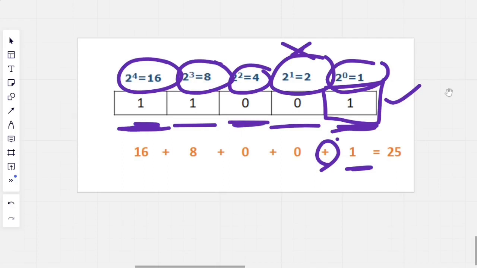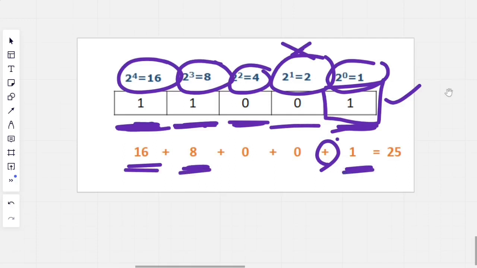We will not consider it. Let's move on. In this box, we have 1, so we'll consider the weight, which is 8. Let's move on to the last box. We have 1 again, and the weight of this box is 16. Now, to get the decimal representation of this binary, we will just add these numbers.